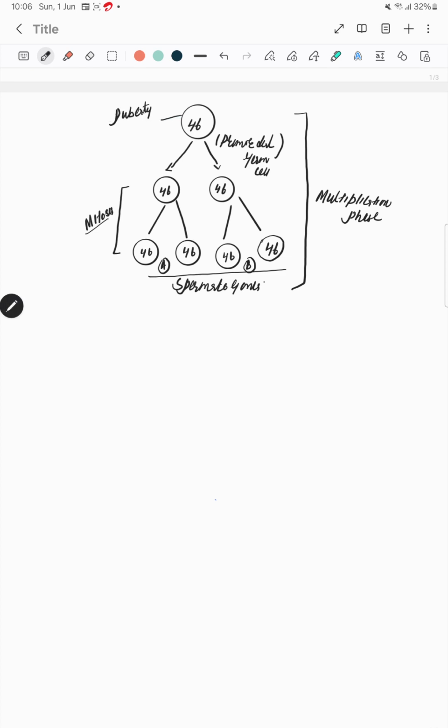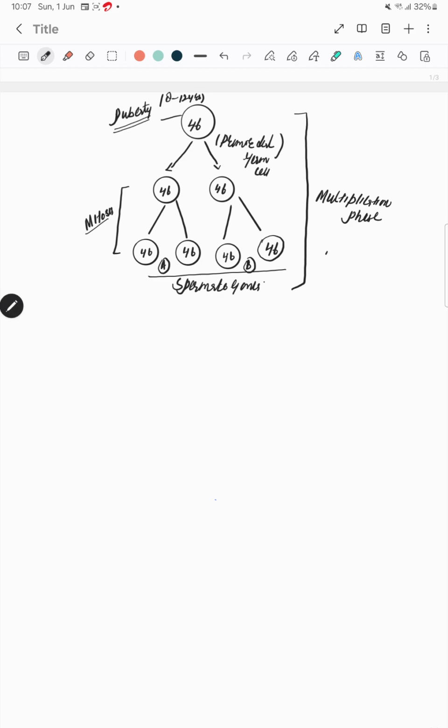When a boy attains puberty age, usually 8 to 12 years, when there is hormonal change, the person is in the puberty or adolescent stage, then spermatogenesis, or sperm formation, takes place. So remember, sperm formation takes place at the time of puberty. There are hormonal changes, like you have heard, androgen or testosterone. Now, this was the multiplication phase.